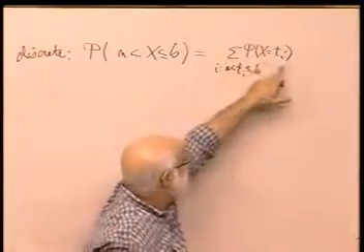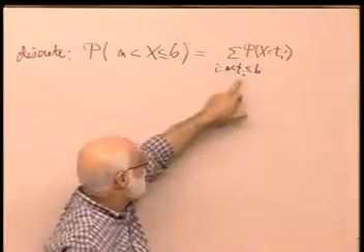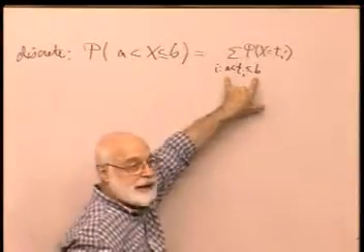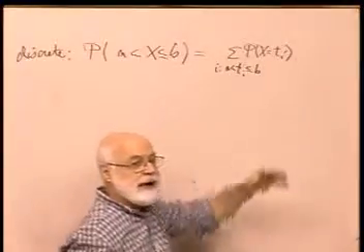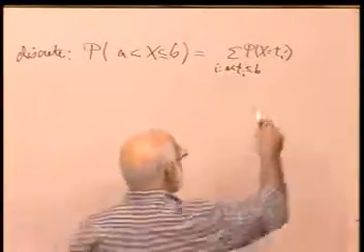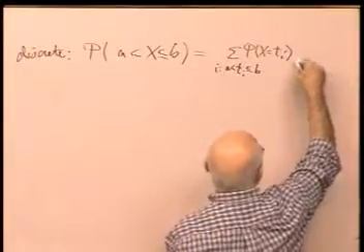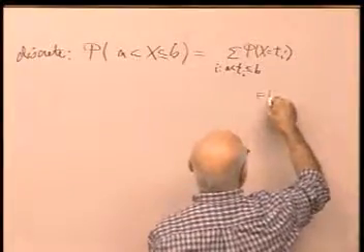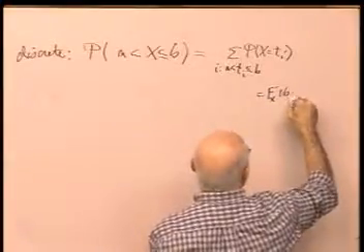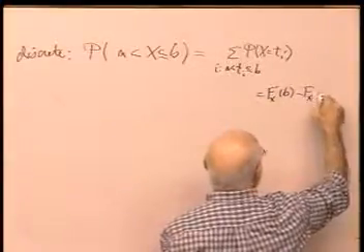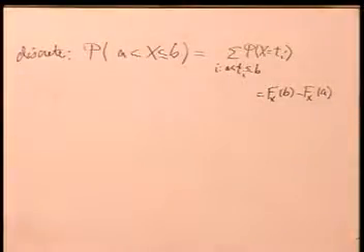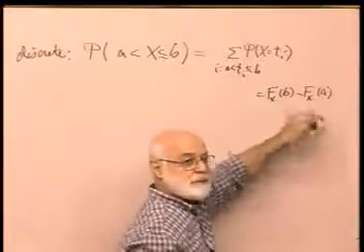Whatever that sum is, that would be the answer. And in fact, we already know that that's equal to the distribution function of x evaluated at b minus the distribution function of x evaluated at a.